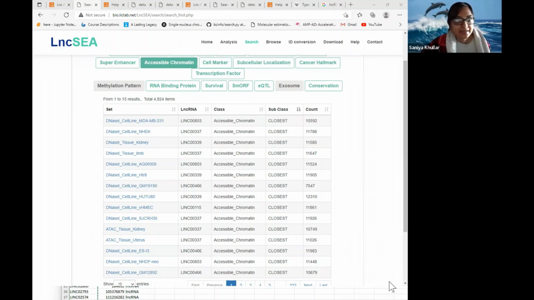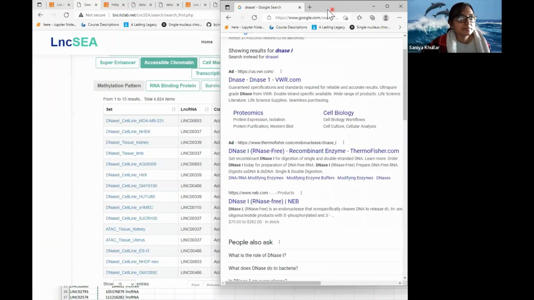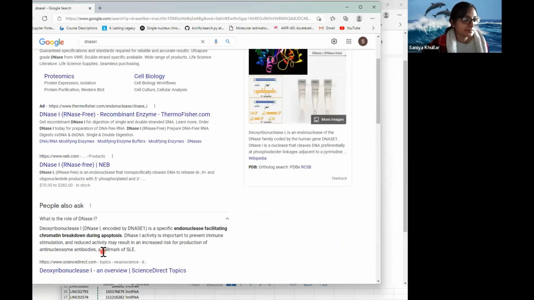DNase I is an endonuclease of the DNase family encoded by the human gene DNASE1. It is involved in chromatin breakdown during apoptosis, cell death.